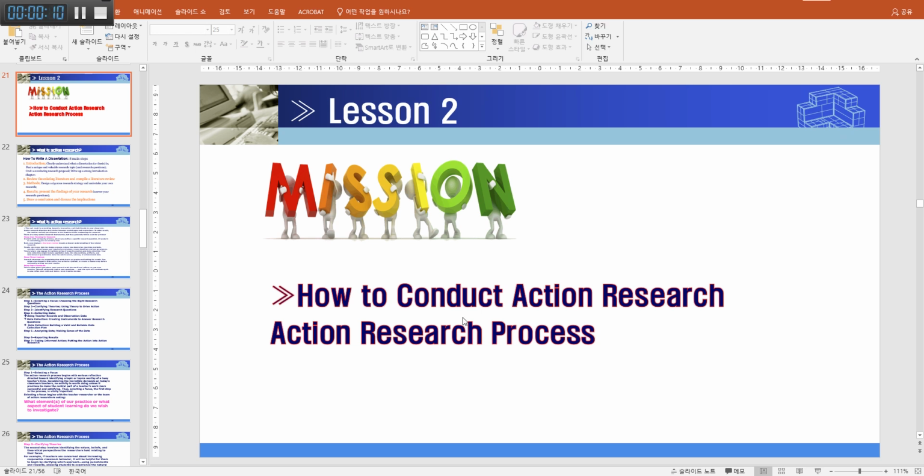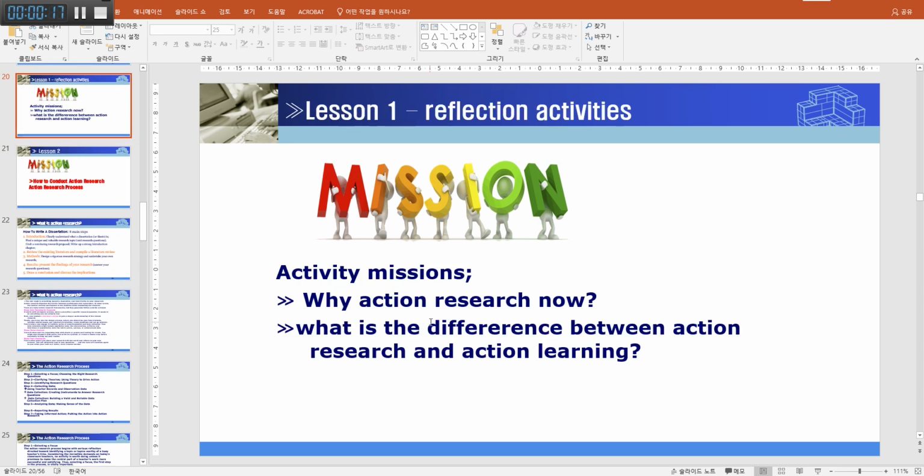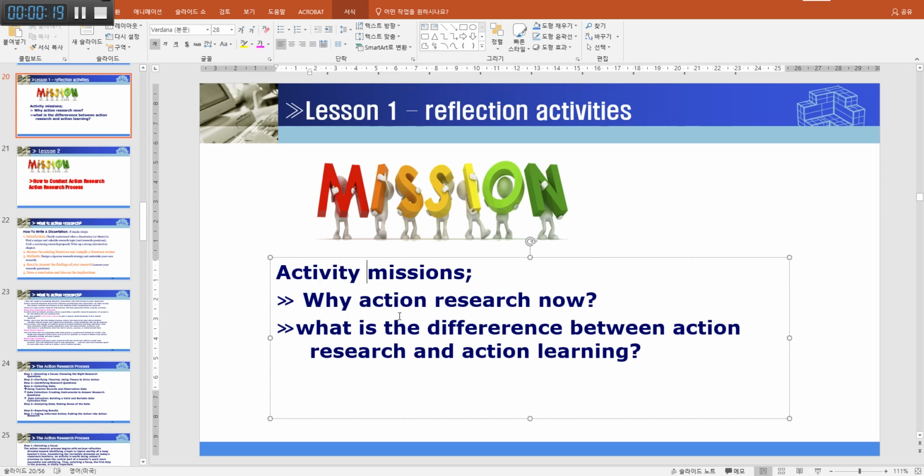In lesson 1, we talked about what action research is. After lesson 1, you need to think about why action research now. Why are we talking about or emphasizing action research in teacher education, or in science and mathematics education?